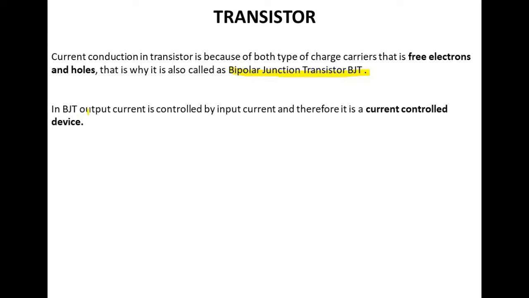In BJT, output current is controlled by input current. It means in the input side there will be a current. Therefore it is called a current controlled device. This is a very important fact, that BJT is a current controlled device.